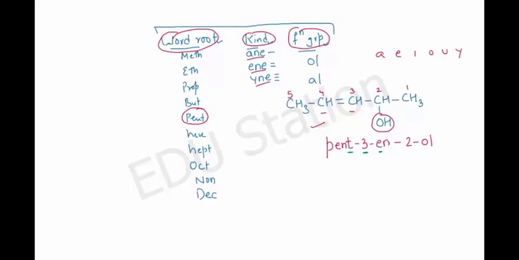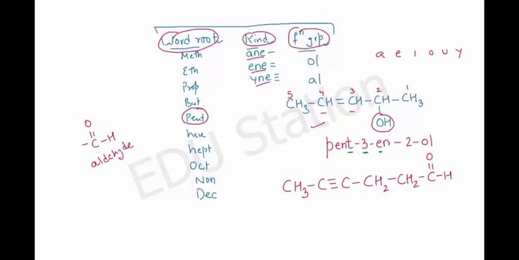We'll try one more. Let's say we have CH3, C triple bond C, CH2, CH2, C double bond O, H. Now C double bond O, H, this is an aldehyde.